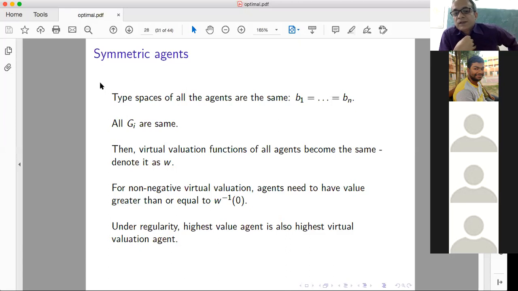Why is it optimal to not sell the object at some places? The second thing is to think of alternate implementations: is the Vickrey auction the only way to achieve an optimal auction? Are there other optimal auctions?